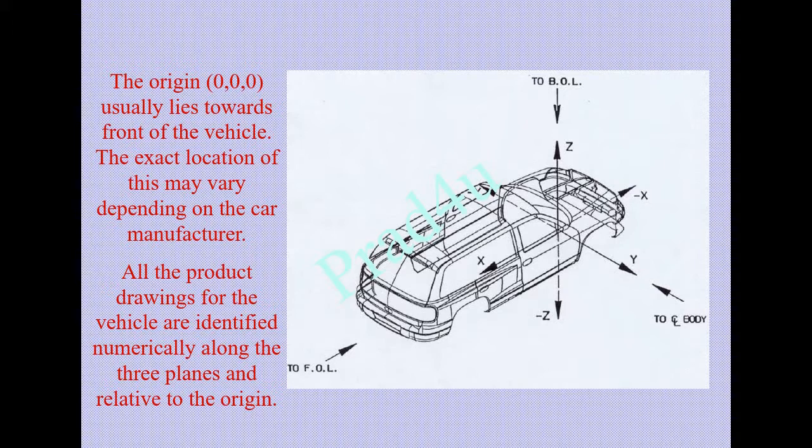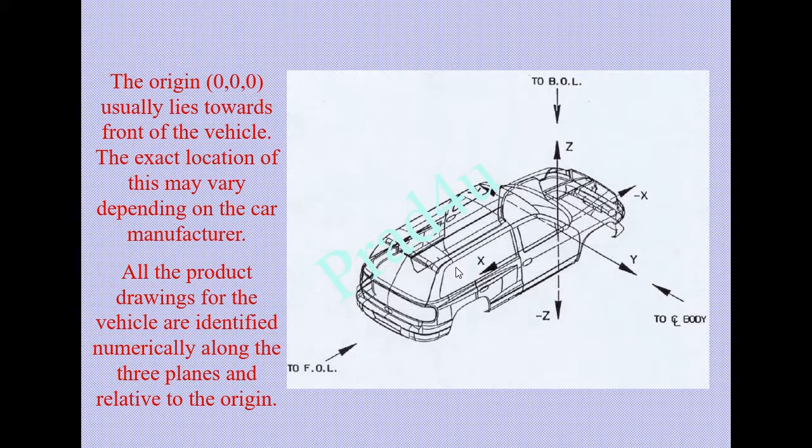Origin means it has 0 dimension. If you move in the x direction positive, x direction negative, y direction positive, y direction negative, z direction positive, z direction negative, all of it comes from this point.